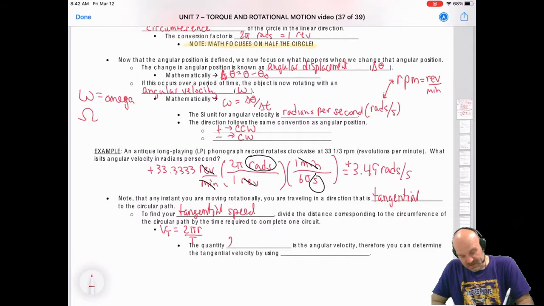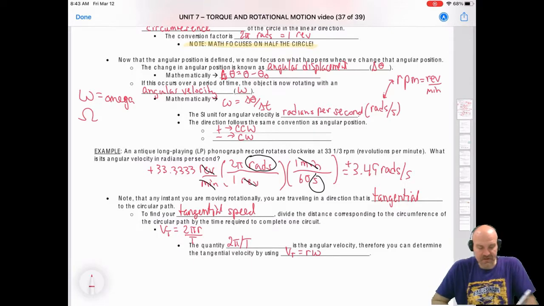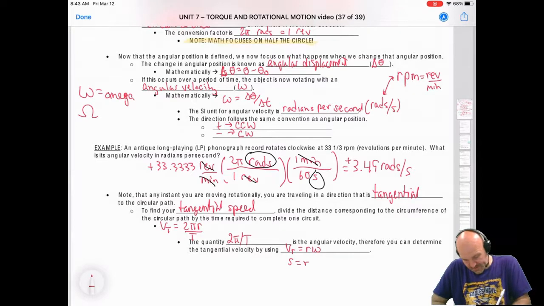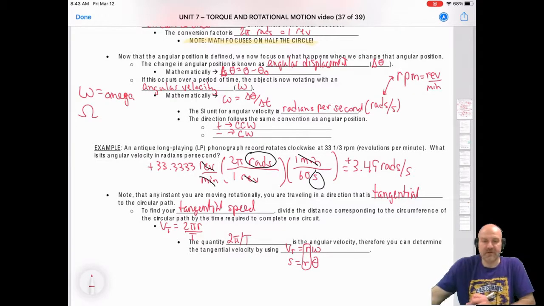In fact, the quantity 2 pi over T is another way to write the angular velocity. Therefore, you can determine the tangential velocity by simply using v equals r omega. If you go back to s equals r theta, it's got that same factor of the radius.